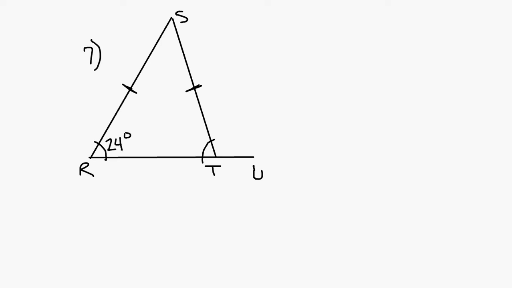The measure of STU is 6x. S down to T out to U is 6x. Find the value of x. If this bottom left angle equals 24, what does the bottom right angle equal? 24. What do these two have to add up to? 180. So 6x plus 24 equals 180.